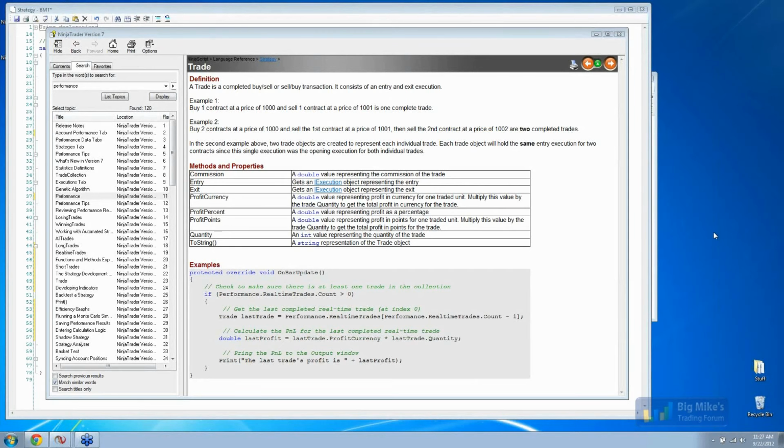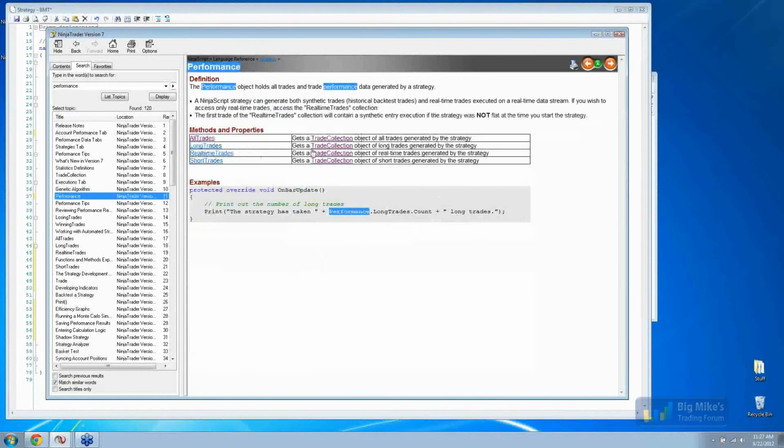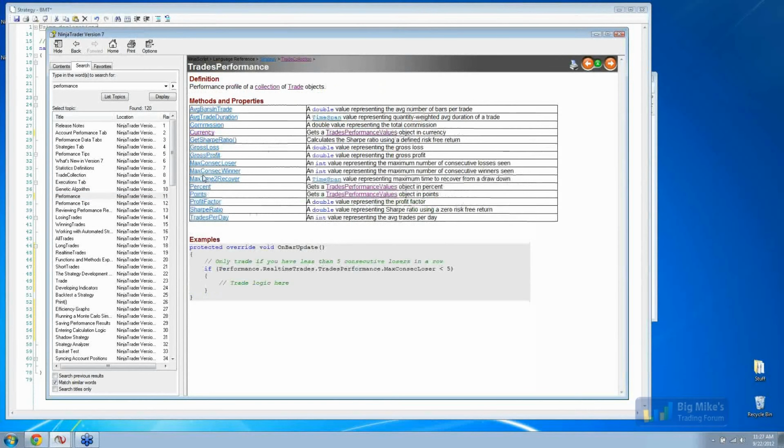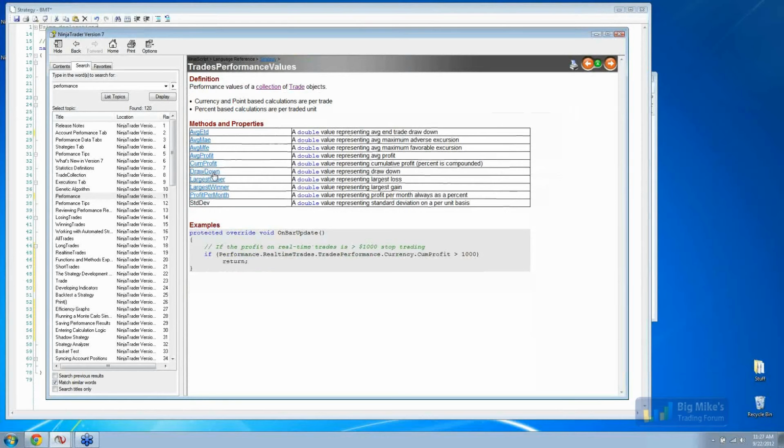Wolfgang had a question: is drawdown for individual trades at multiple entries available as well, or will all trades be consolidated at one average? Wolfgang, you're talking about over here in the trades performance values, so drawdown.